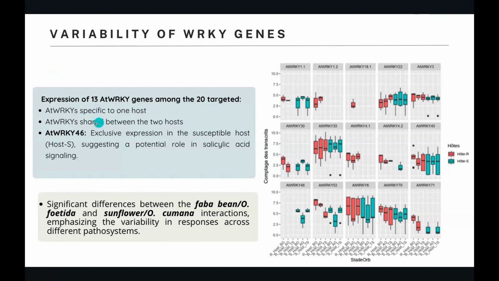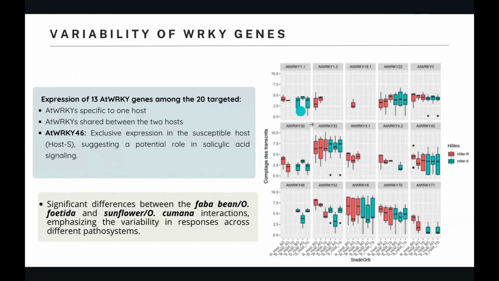We also detected the exclusive expression of 4046 in the susceptible host, suggesting a potential role in salicylic acid signaling. Overall, when comparing this finding to the sunflower-Orobanche pathosystem, distinct differences emerge, highlighting the specificity of each host-parasite interaction.